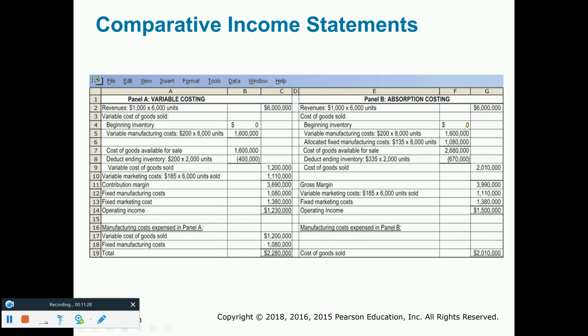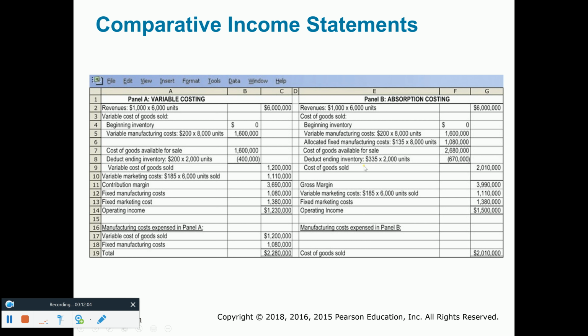So cost of goods sold, beginning inventory, plus all of our manufacturing costs, both a variable of 1.6 million and the fixed of 1,080,000, will give us a subtotal cost of goods available for sale less ending inventory. Now, do you see the amount of dollars that we apply to ending inventory is different for variable costing in cell B8 and in absorption costing cell F8. The reason why it's different is because of this reason.